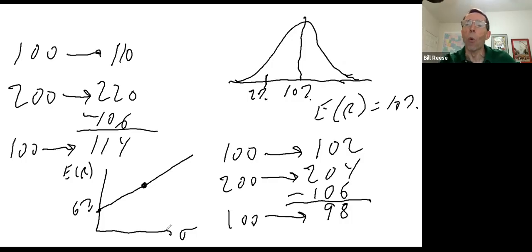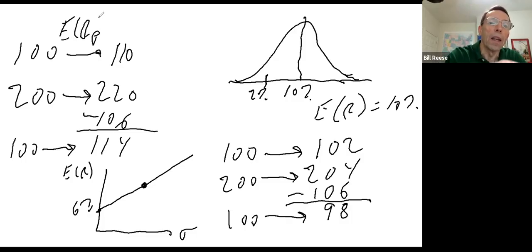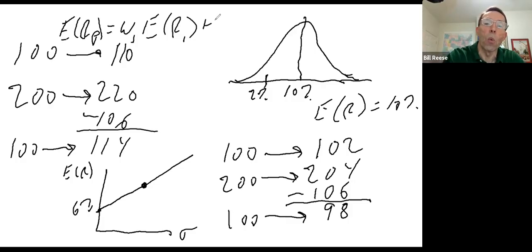Now, what about our formula for the expected return of an asset? How does leveraging work in with that? Well, remember we said that the expected return on a portfolio is equal to the weight in asset 1 times the expected return of asset 1 plus the weight on asset 2 times the expected return on asset 2.